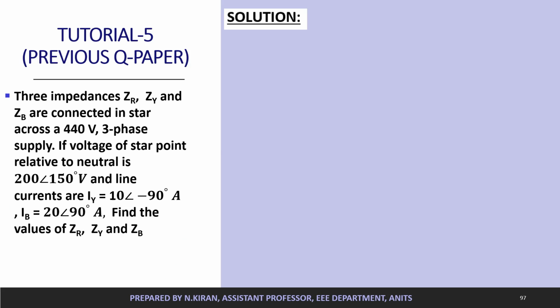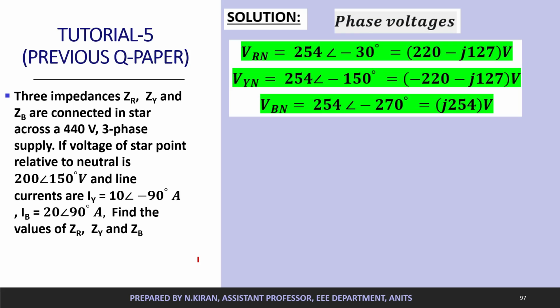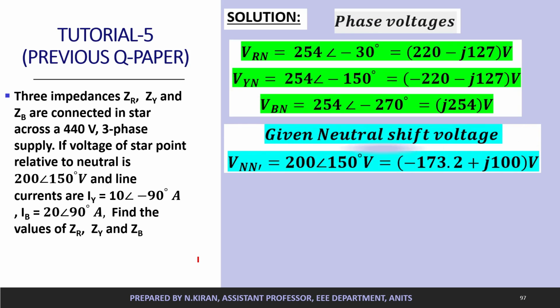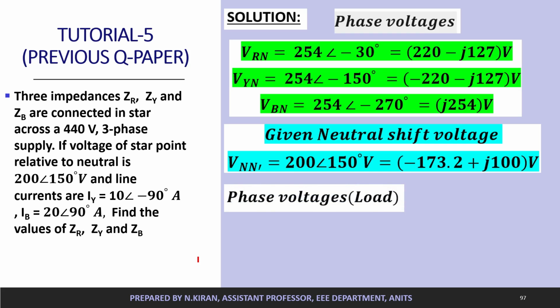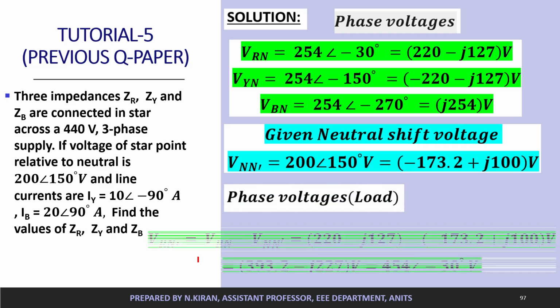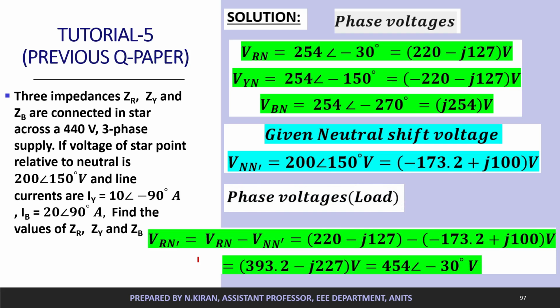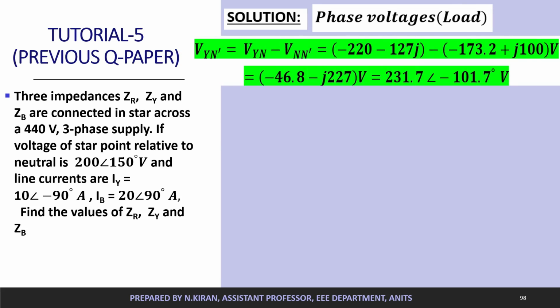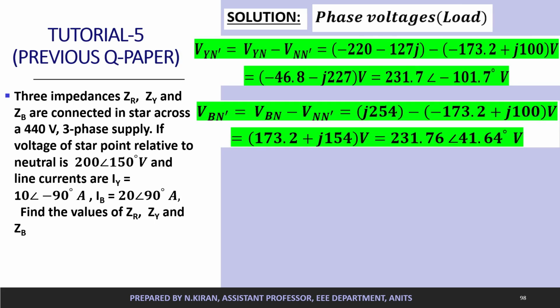After finding the phase voltages, the neutral shift voltage is given as 200 at an angle 150 degrees. So from the knowledge of phase voltage and neutral shift voltage, the phase voltage of the load can be calculated by subtracting these two values. Thereby, I will get the value for VRN dash, VYN dash and VBN dash.